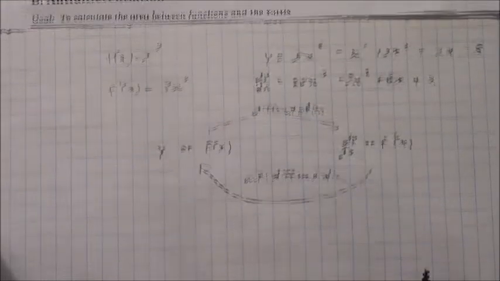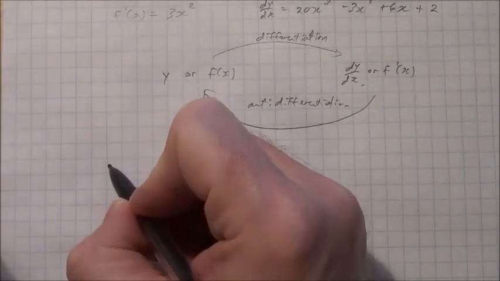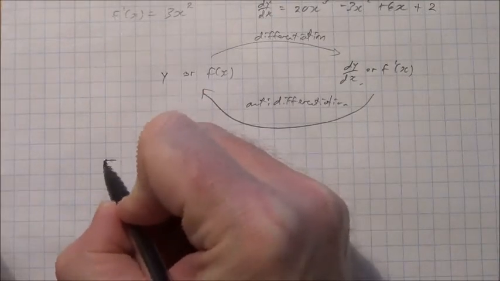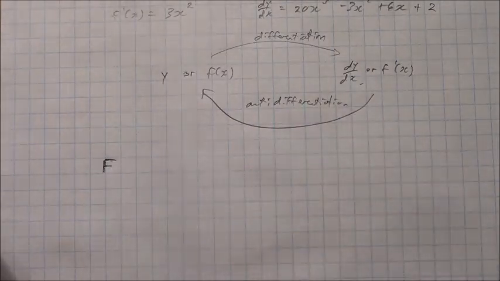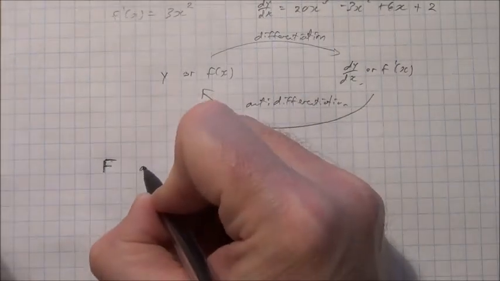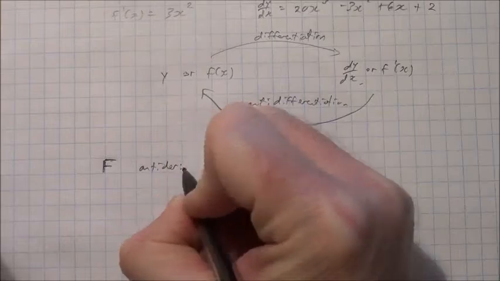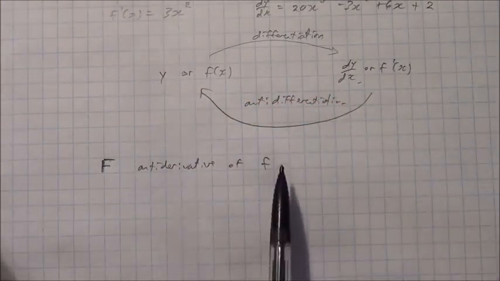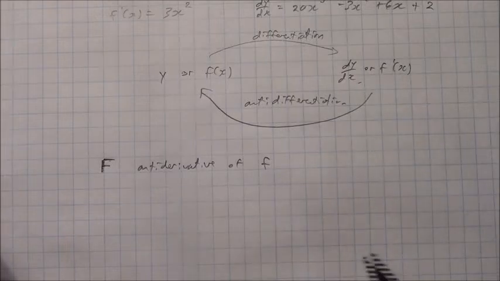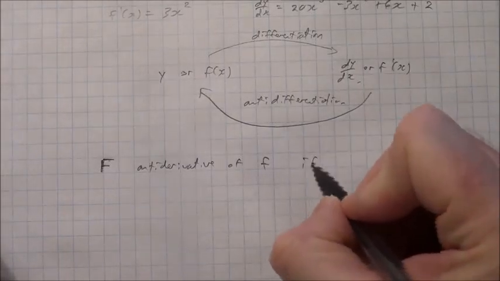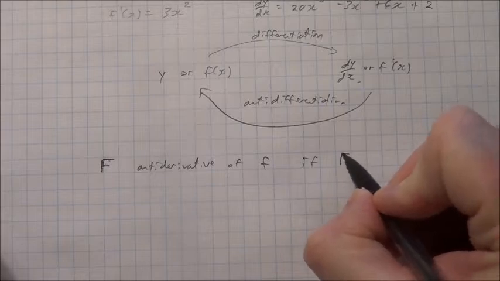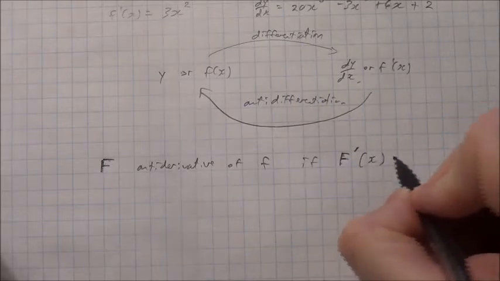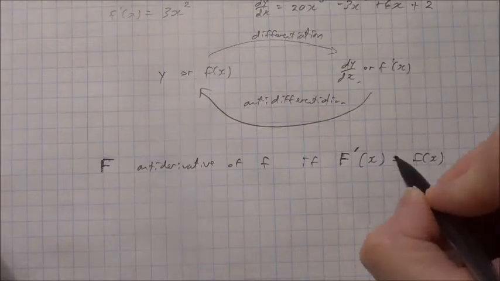So we can say that some function, uppercase F, is an antiderivative of some function f on any interval if uppercase F prime of x equals f of x.